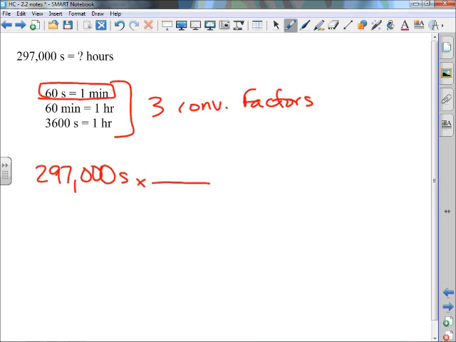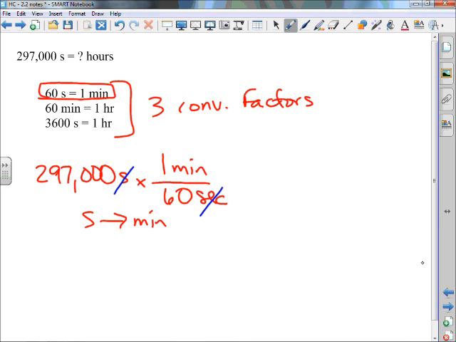And I'm going to multiply in such a way that I go from seconds to minutes. And that's simply saying, well, in 1 minute, I have 60 seconds. Now, why did I put 60 seconds on the bottom? Because you said so. Divide by 60. Here's the math why. Seconds are in the numerator, seconds in the denominator, they cancel out.